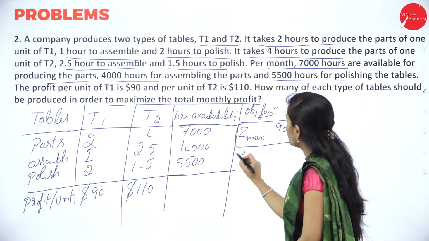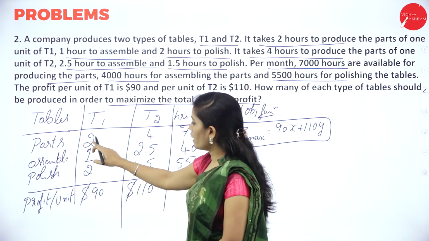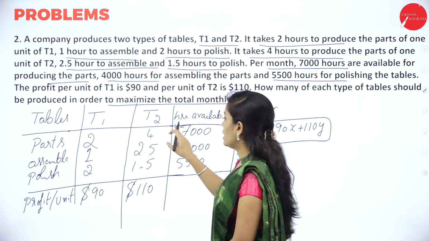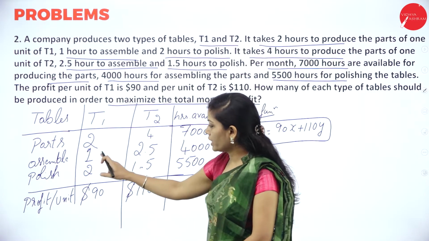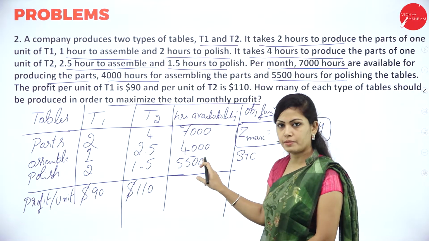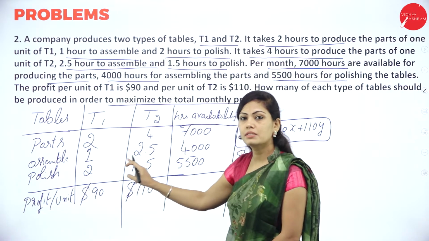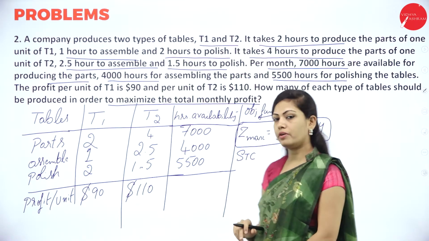And subject to constraints: 2X plus 4Y less than or equal to the availability, 7,000, and 1X plus 2.5Y less than or equal to 4,000, and 2X plus 1.5Y less than or equal to 5,500.